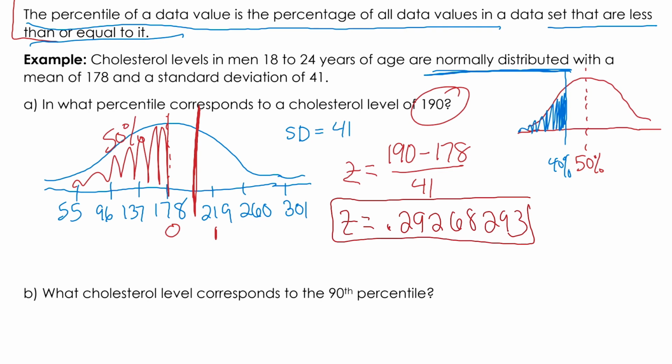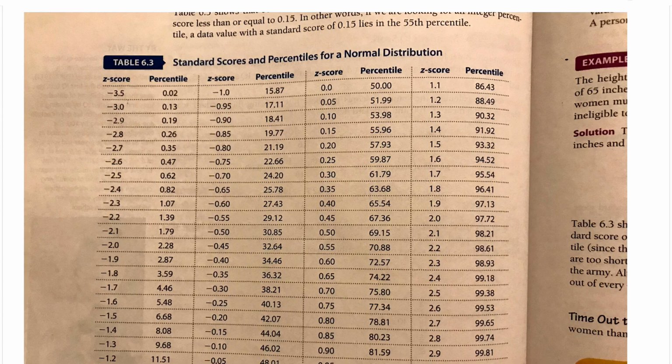So now we're going to figure out what that percentile is by looking it up in the table. This is the table from your book. So we got a z-score of 0.29. So I'm going to try to find the closest z-score that I can to 0.29. Keeping in mind, if you look at this table, it has z-scores that are negative and z-scores that are positive.